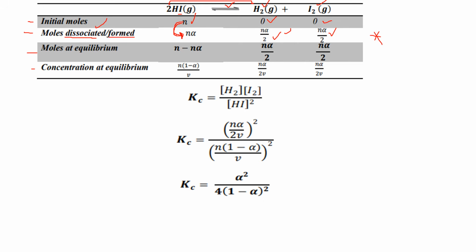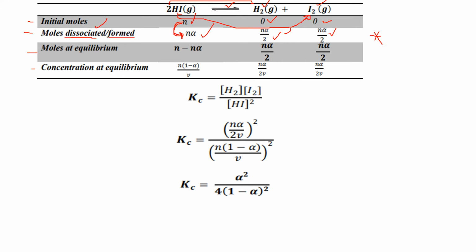Similarly, to get the number of moles formed for iodine, we consider mole concept. You find that 2 moles of hydrogen iodide form 1 mole of iodine. So what about the N alpha moles of hydrogen iodide that were dissociated? What did they form? You find that it's 1/2 times N alpha, and you're going to end up with N alpha divided by 2.